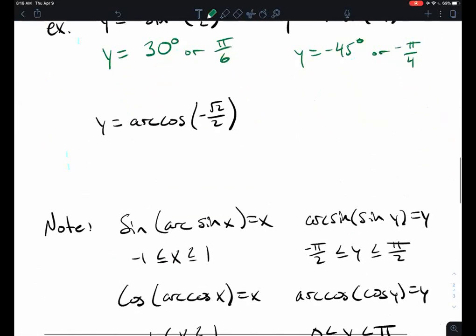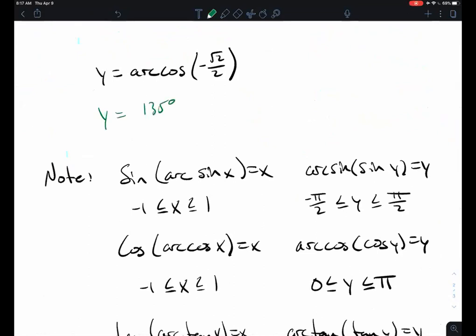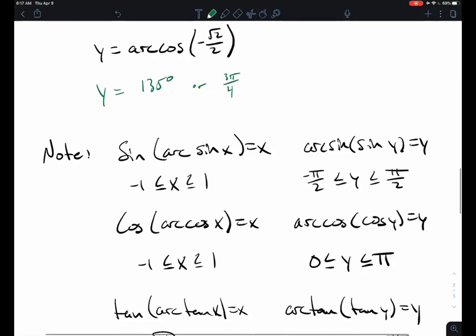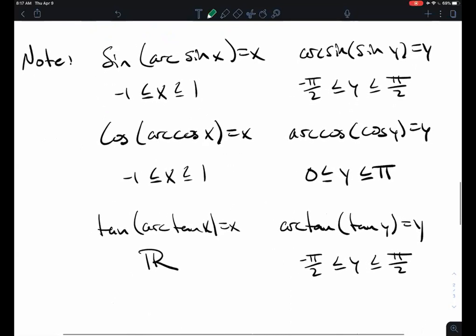So I'm looking for a quadrant 2 answer here. 135. Good. 135 degrees. Yep. Or 3 pi over 4. Cool. All right.